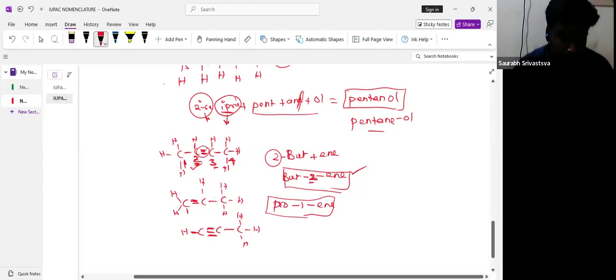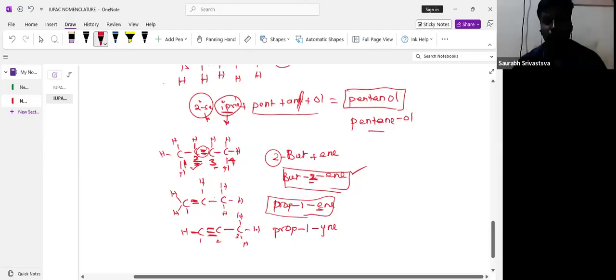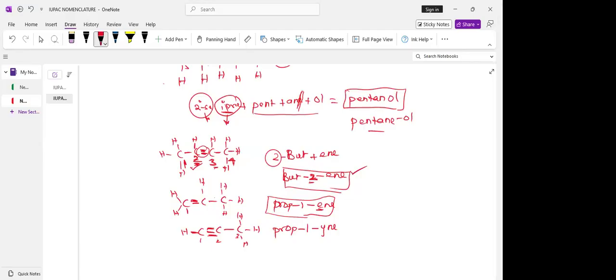Now you are giving the number from here 1, 2, 3. Now the triple bond started from the first carbon only. So you have to write prop. And here 1. Here you wrote ENE, but here a triple bond is there. That's why you have to write YNE. Prop-1-yne. Clear? Yes. So ENE means a double bond. YNE means a triple bond.